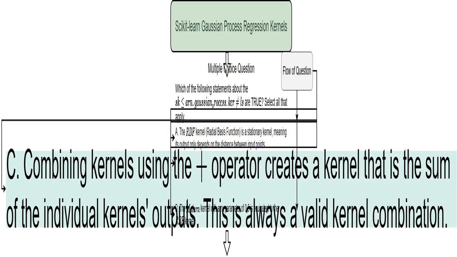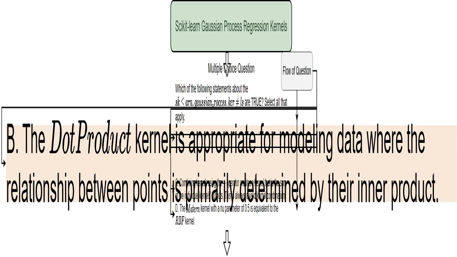I need to confirm whether this is true for all kernel combinations within the framework of scikit-learn. Statement D compares the Matern and RBF kernels. It states that a Matern kernel with a specific nu value, 0.5, is the same as an RBF kernel. This needs careful consideration, as the Matern and RBF kernels have distinct mathematical formulations. I'll verify this equivalence claim.